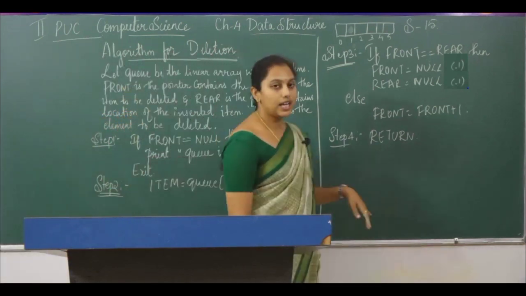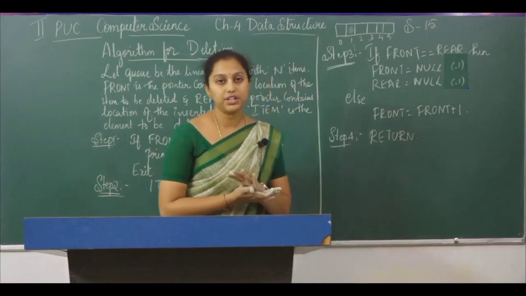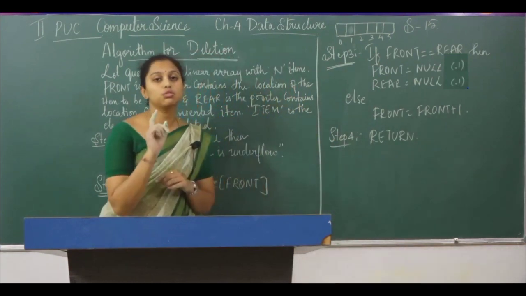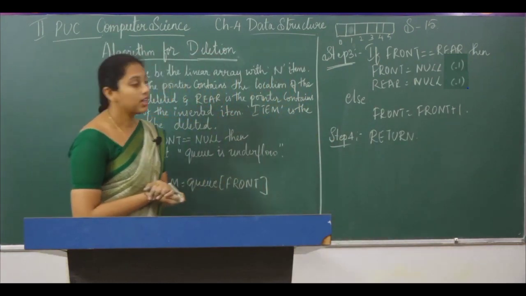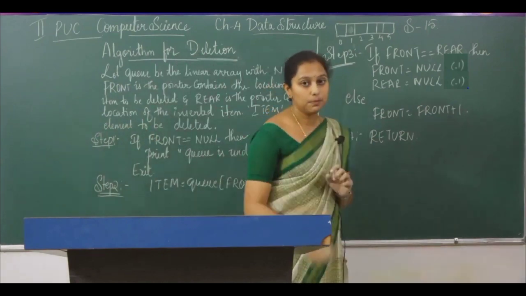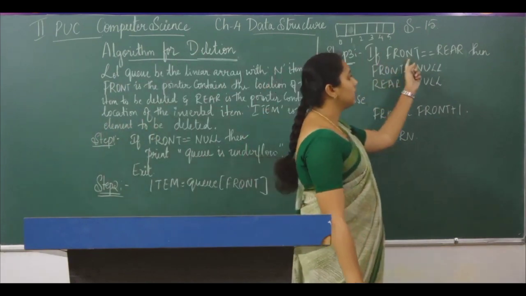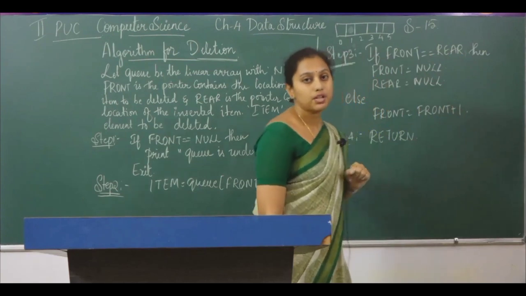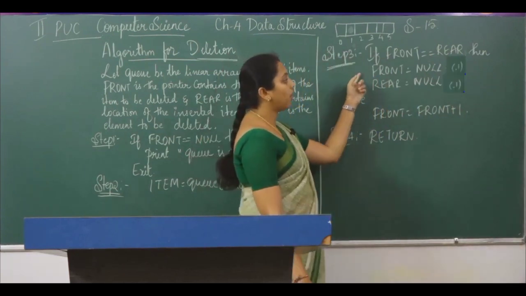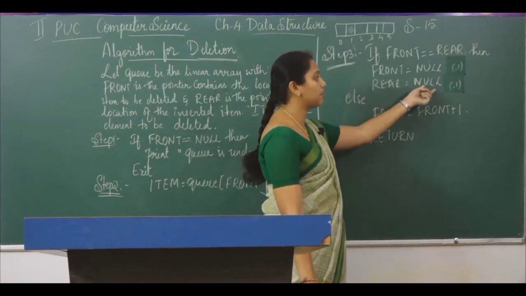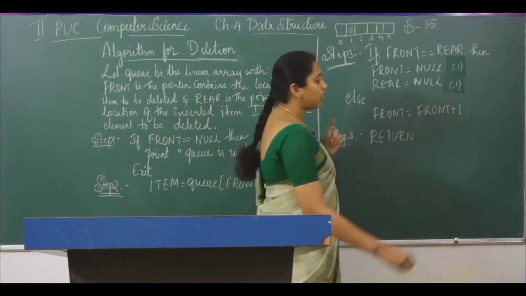So after deleting an item, we are checking for the condition whether the queue contains only one element or not. If it contains only one element, then the pointer front is equal to rear, so both pointers front as well as rear become null.